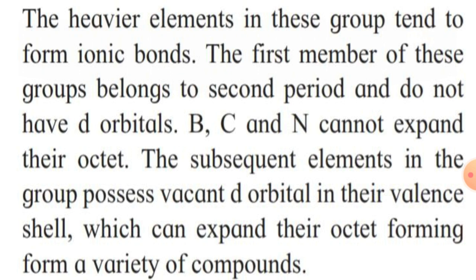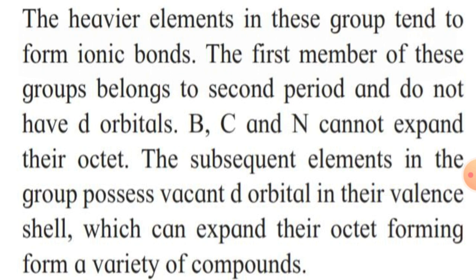Okay, the first member of these groups belongs to the second period and does not have d orbitals. Boron, carbon and nitrogen cannot expand their octet. These first members of groups 13, 14 and 15 are similar in that they belong to the second period and do not have d orbitals.